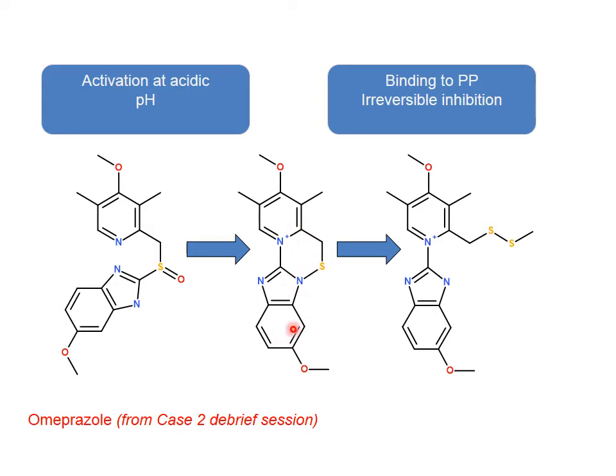So this species is formed at low pH, and when it's in the vicinity of the proton pump, it will be able to form adducts with cysteine side chains via disulfide bridges, as shown here. So this is the S coming from the proton pump inhibitor, and this sulfur atom is from the cysteine side chain. And so these adducts inhibit the proton pump.